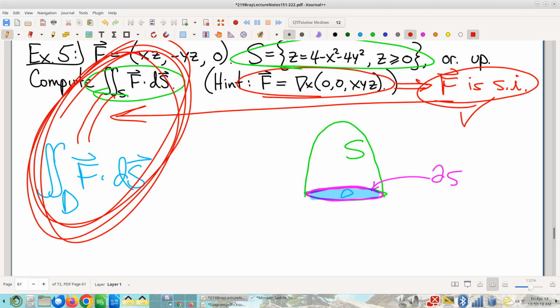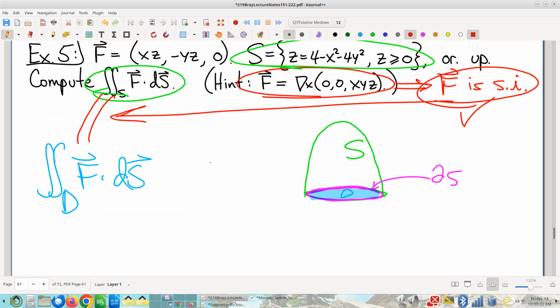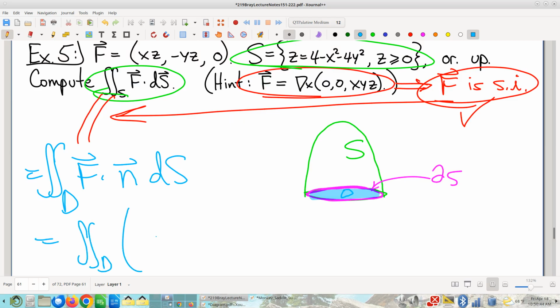Okay. So again, careful, don't misapply. And now let's think about what we're going to do about this. By the way, I'm going to go ahead and rewrite the dS vector as little n dS scalar. And now let's start writing stuff down. What do we know about this stuff? Let's see, our vector field is xz, minus yz, 0.